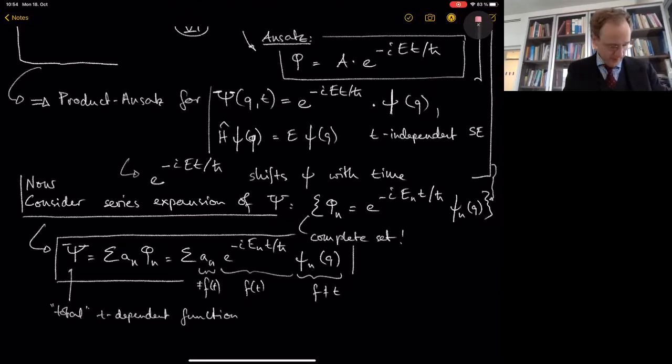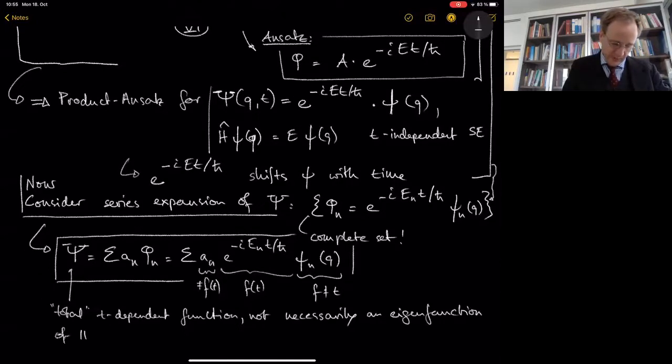so not necessarily an eigenfunction of H, of time-independent.